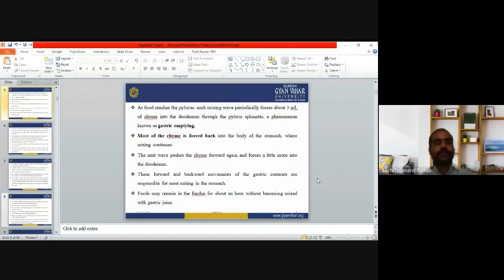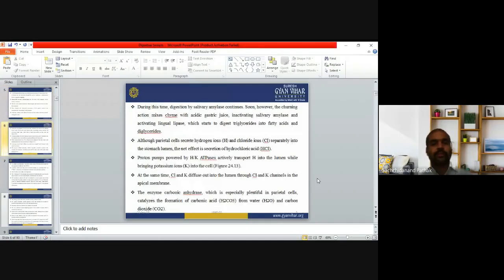During this time, digestion by salivary amylase continues. This is the time when digestion by salivary amylase starts, and it continues.